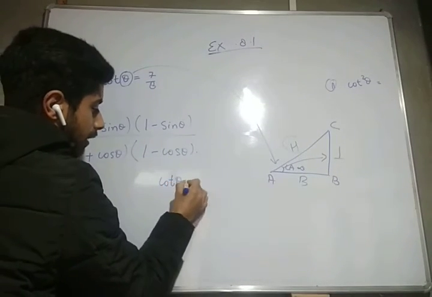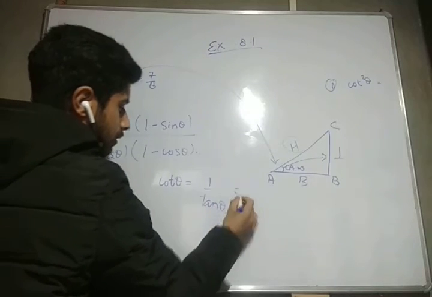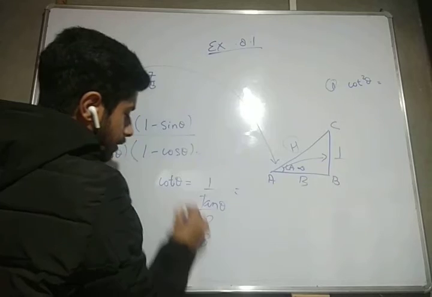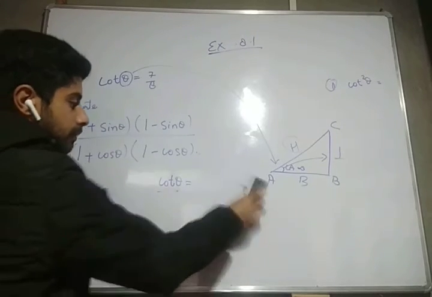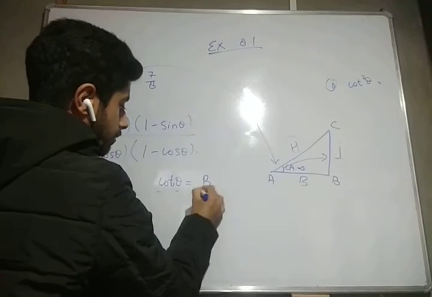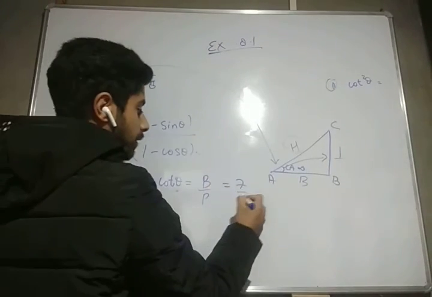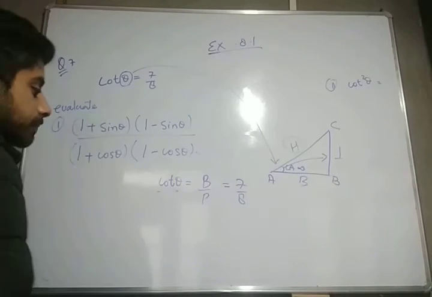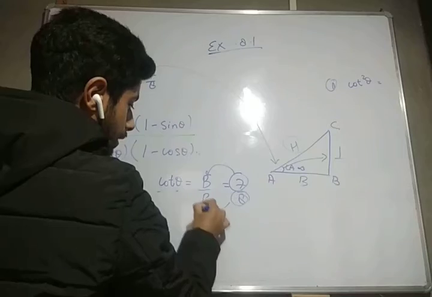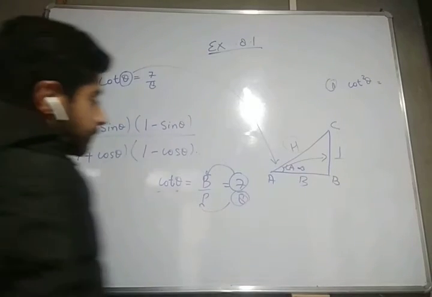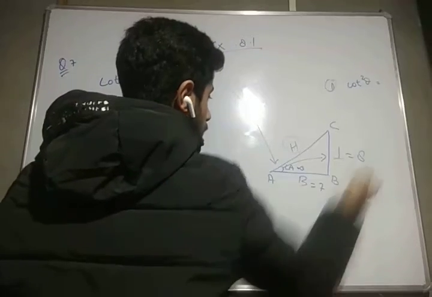Cot theta is the inverse of tan theta. Tan theta is perpendicular by base, so cot theta is base over perpendicular, and it is equal to 7/8. So we can take 7 as our base and 8 as our perpendicular.